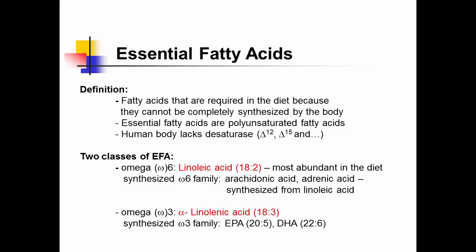And essential fatty acids usually are the polyunsaturated fatty acids, right? Because the human body lacks delta 12 and delta 15 desaturases. But we do have some desaturases. Remember, for the formation of double bonds we require these desaturases, and we have different types depending on the position of the double bond.